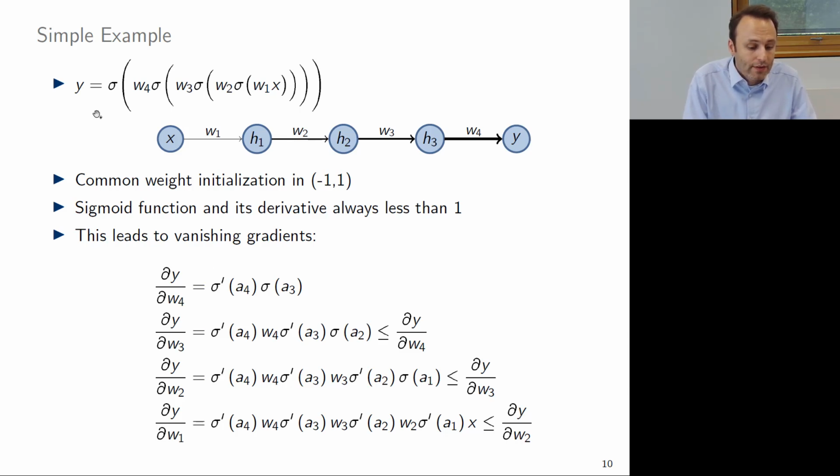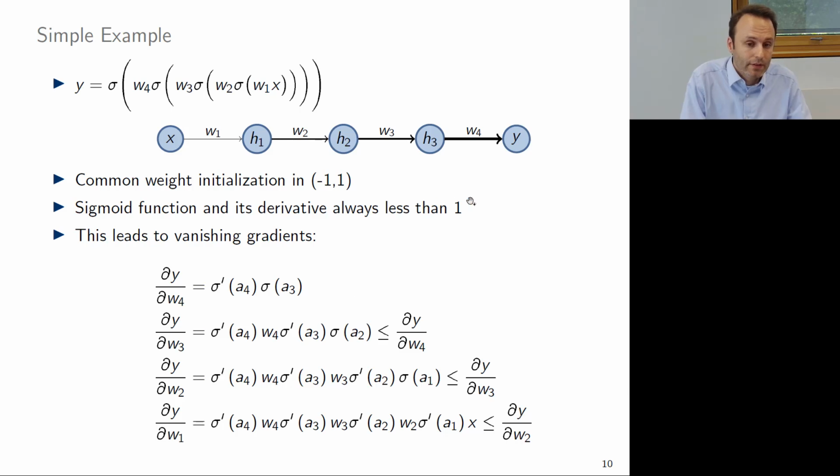Now, if we go one step further, we take the derivative with respect to weight number 3, then we get here the same sigma prime of the A4. Now with the weight W4, and that's going to be something that is -1 or 1, so not doing anything to make this bigger, times the sigma prime A3 here, which is also actually less than 1.